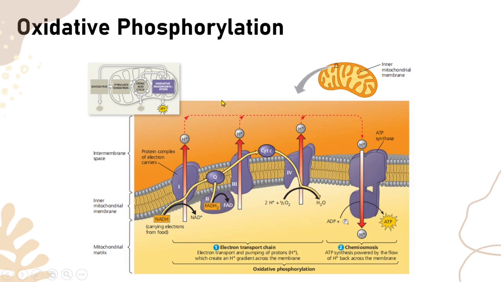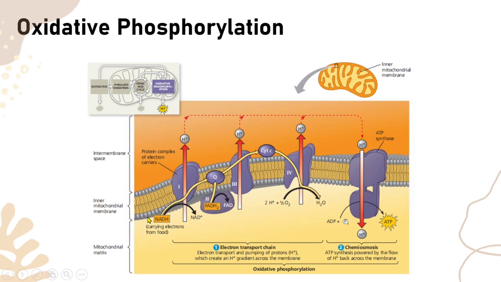So the high concentration of hydrogen here will try to find a hole, and that hole is ATP synthase, so it can go to the lower concentration, which is the other side. So that is why as the hydrogen passes through here, ATP is being produced. So it is because of the hydrogen being transported on one side of the membrane and then flowing back through the ATP synthase that ATP is being produced.